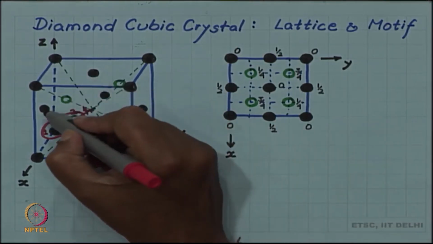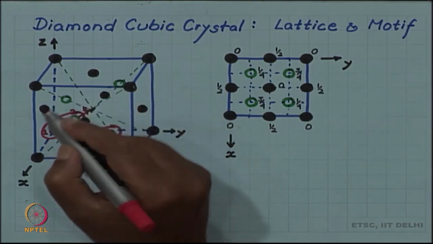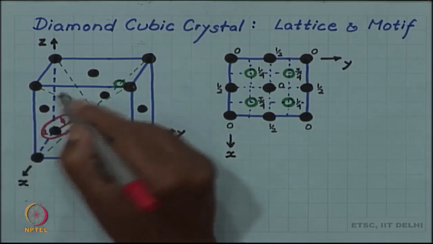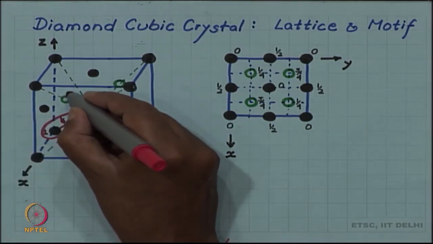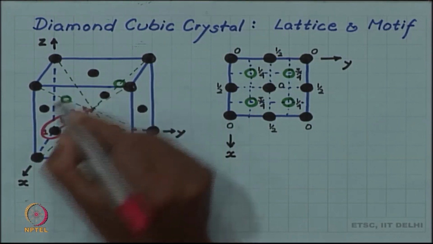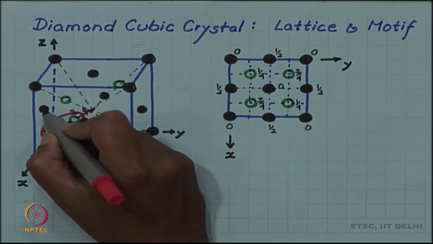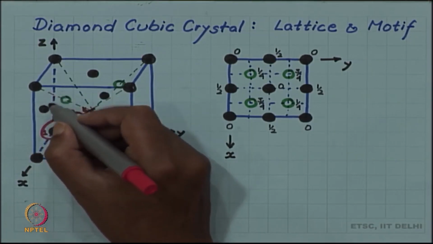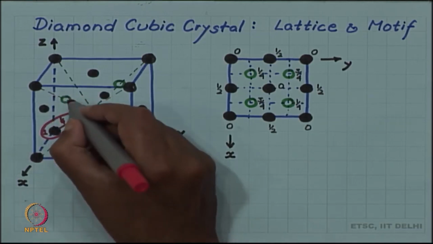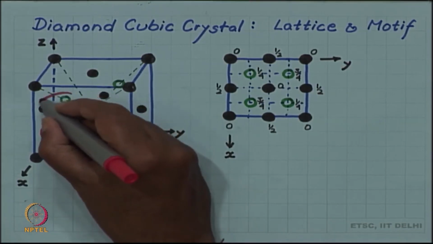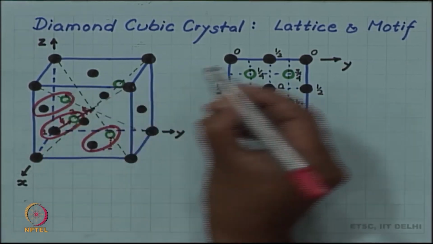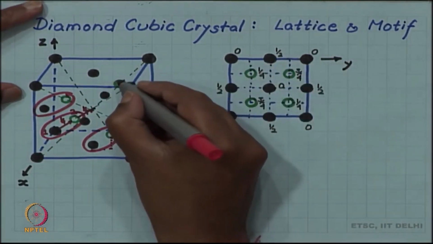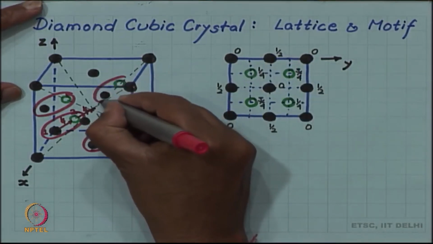Similarly, if you look at this vertical face center, from here if you go 1/4 along x, 1/4 along y and 1/4 along z, you will come to this atom which is sitting at 3/4. Recall that this center atom is already at half height. So, if you go further 1/4 height up, you will come to 3/4, and this atom was the 3/4 atom. So, this is also associated with this, and this one is associated with the back face center.